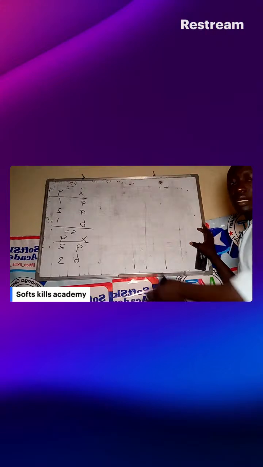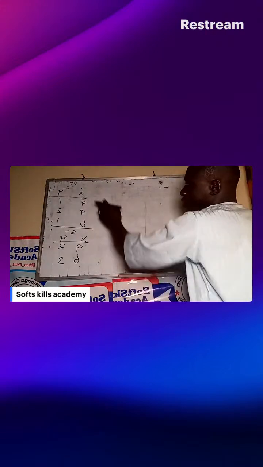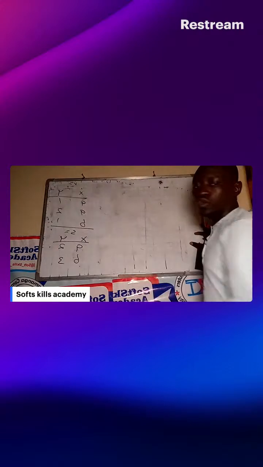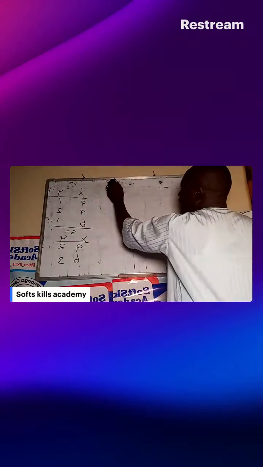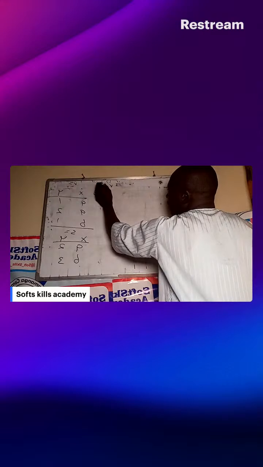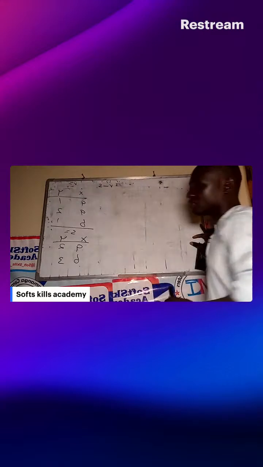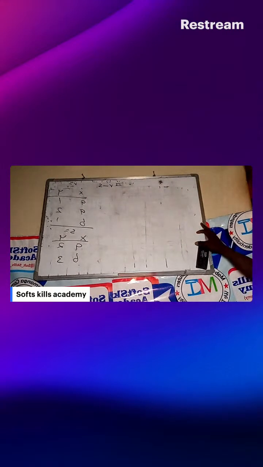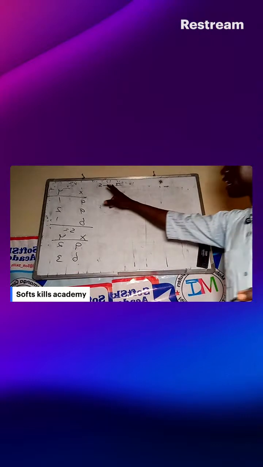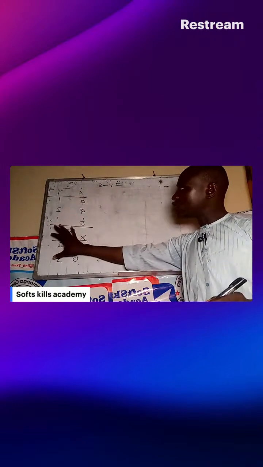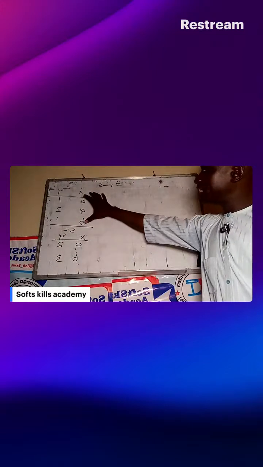So if a set difference is asked between these two relations, R and S, you should find the set difference of R and then S. You are going to do a subtraction.